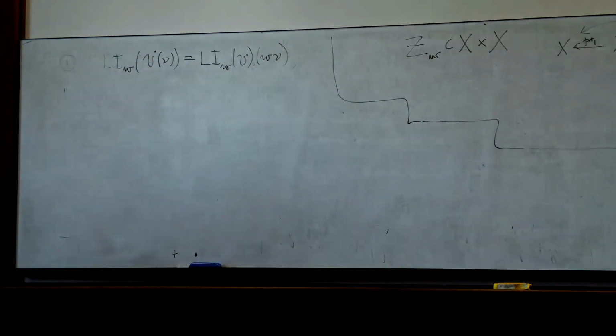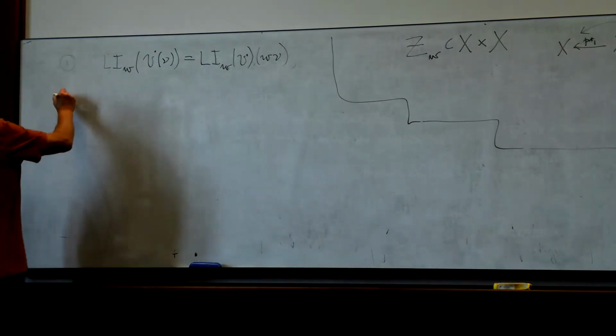So basically, the intertwining functor commutes with the shifts by weights.